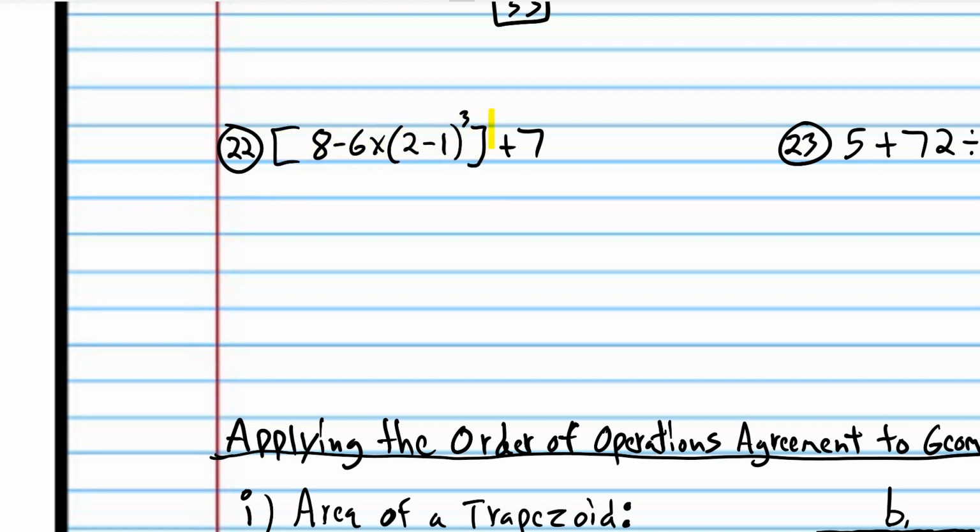But the reason that we don't use parentheses again is because if you keep using parentheses over and over again, like so, then eventually it would get really difficult to differentiate between all these different parentheses because they all look the same. So we use a different shape for the second set of parentheses.